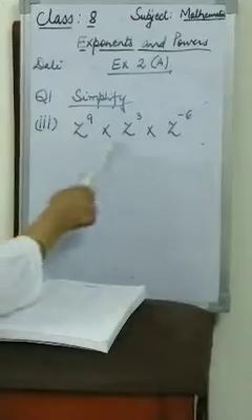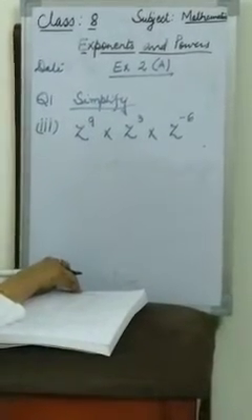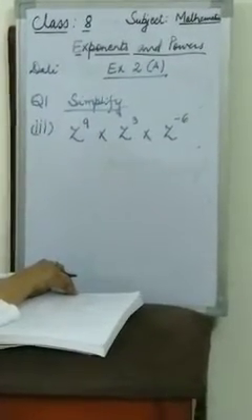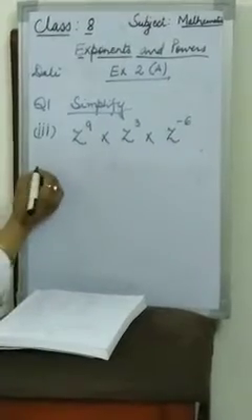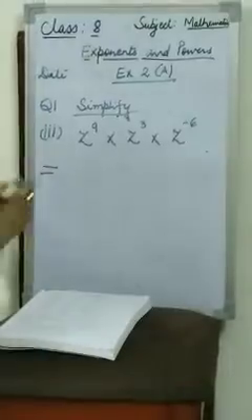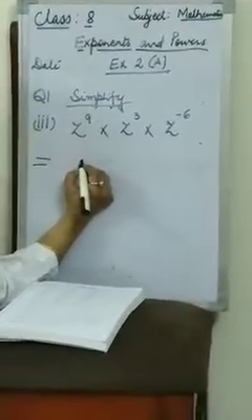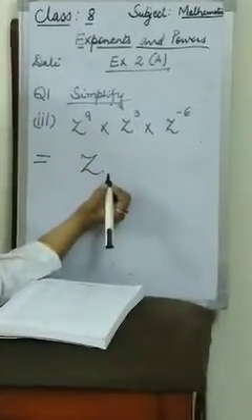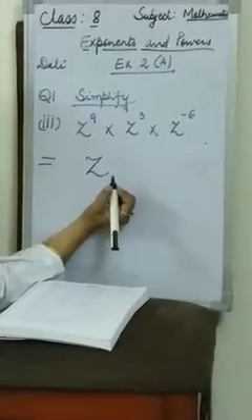As we know, all three have the same base and we are multiplying. The first law is applicable, that is the product law. On multiplication, the powers get added. So we add the powers, and whenever we are writing the powers, we write them along with the sign.